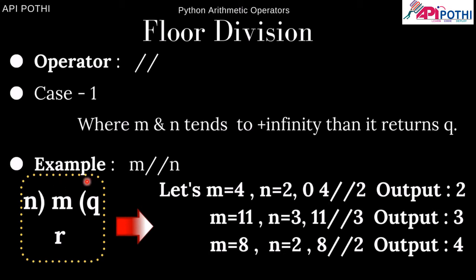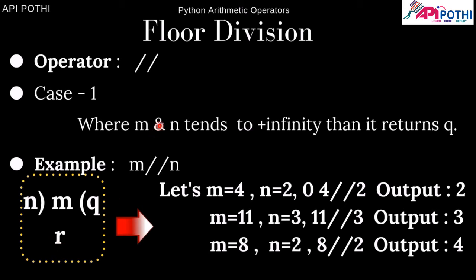We are going to use this concept throughout all the 4 cases: m is the number, n is dividing m in q times, and the remainder is r. If m is perfectly divisible by n, then remainder equal to 0, else remainder is not 0.